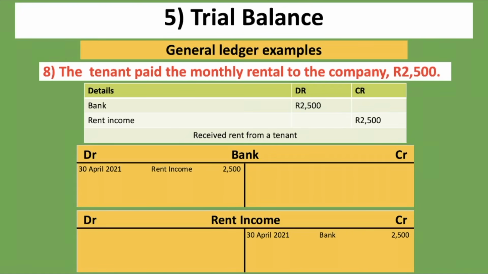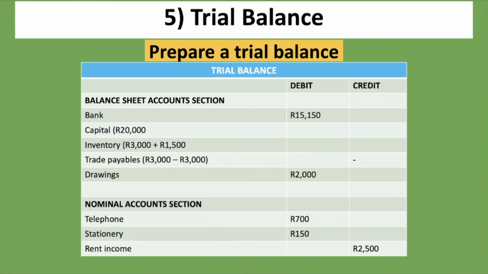But you also have to know where you debit and where you credit, and that's why those first lessons we looked at were very key in understanding your trial balance as well. So rent income is an income account, goes under the nominal accounts section, and it's on the credit side because income increases on the credit side. So as you can see, you have rent income 2,500 and we put it on the credit side.